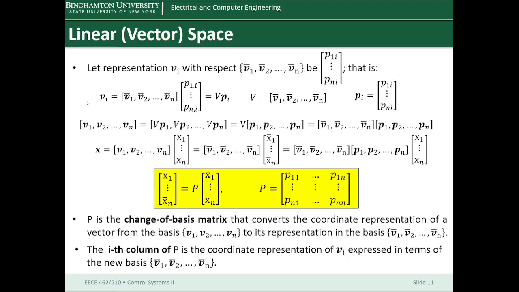We can represent vi in this form, and if we assume this part is v bar and this part is Pi, then we have a relation between vi, v bar, and Pi. We know the matrix [v1 ... vn] is this, and instead of each vi, we use this equation.